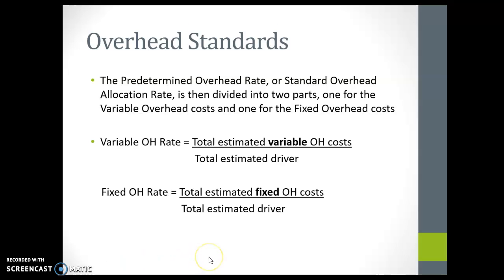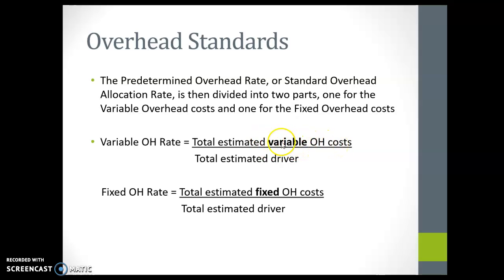Okay, so now we can divide out that one predetermined overhead rate into two separate rates. Okay, and so we're going to have a variable overhead rate and a fixed overhead rate. So the variable overhead rate would be the total estimated variable overhead costs.